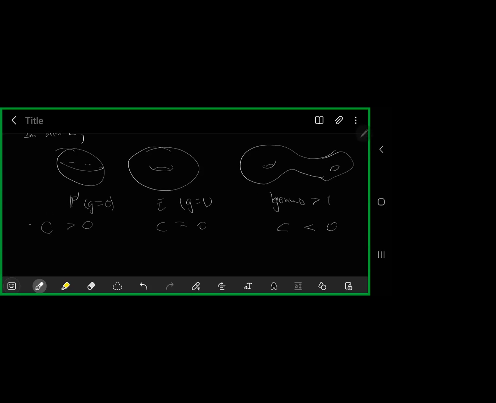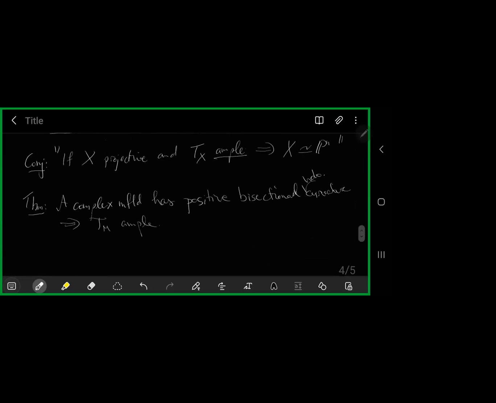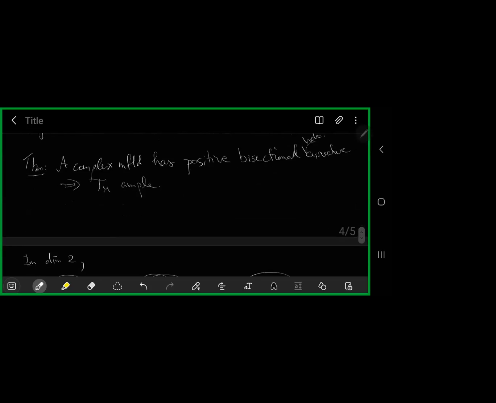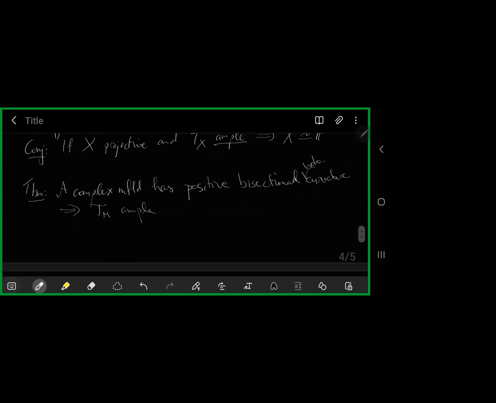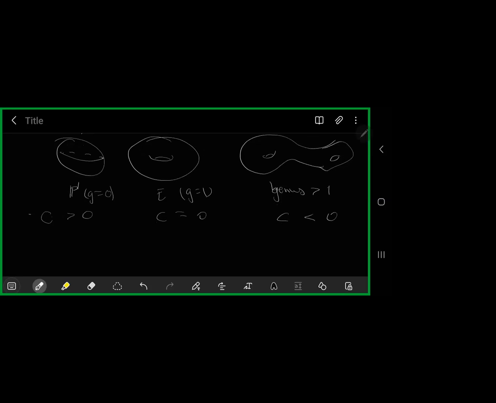And this trichotomy tells us that the only projective space that has positive bisectional holomorphic curvature in dimension 2 is P1. So the conjecture is true in dimension 2, not hard to show.